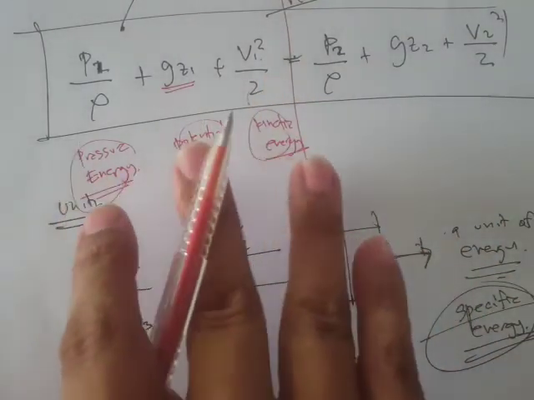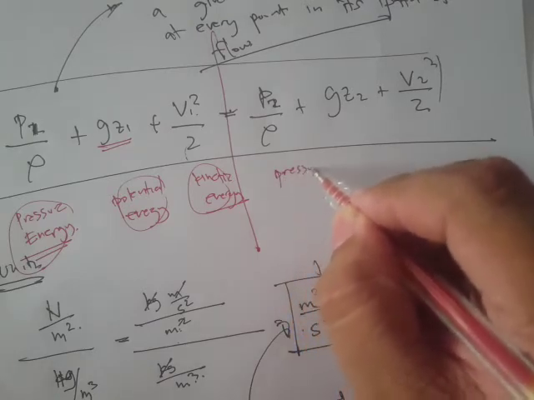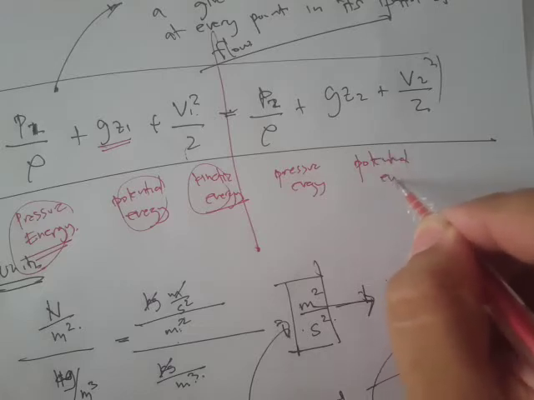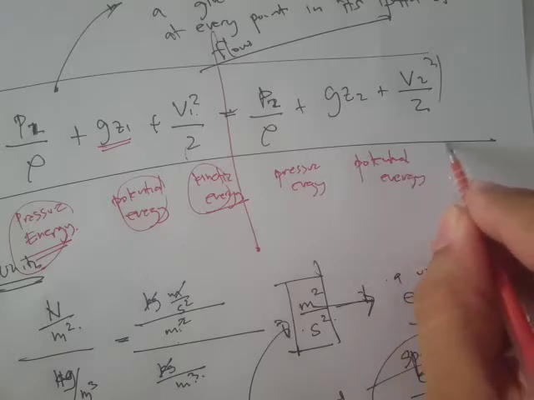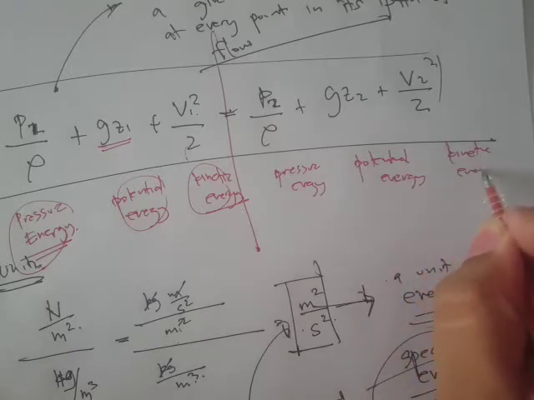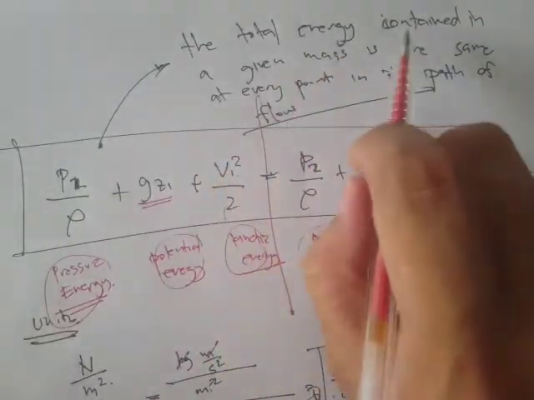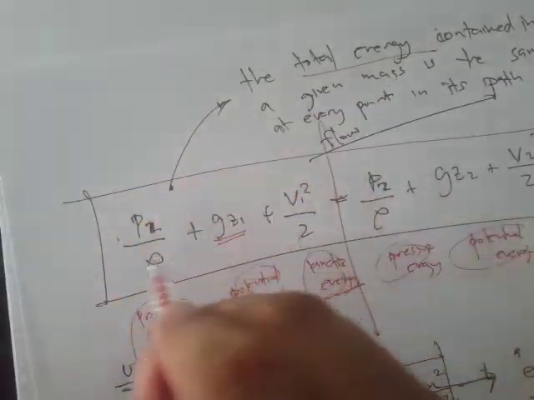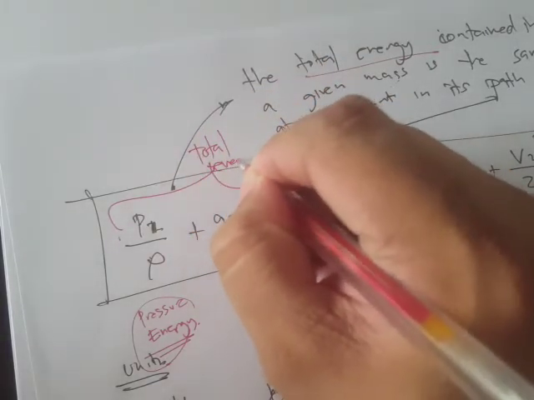Okay, so it says here that we have the pressure energy, the potential energy, and then the kinetic energy. So that's present in point 1, and in point 2 we'll also have pressure energy, potential energy with respect to position or elevation, and kinetic energy. So when you say total energy, that means the sum of the three terms is what we call the total energy.